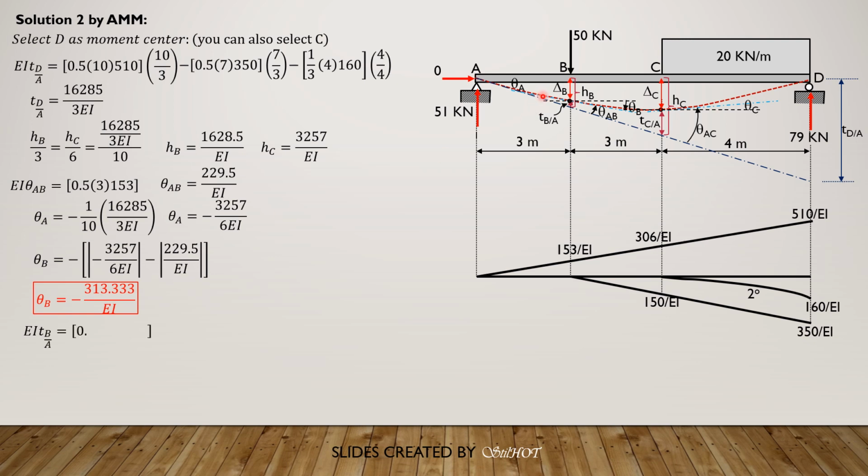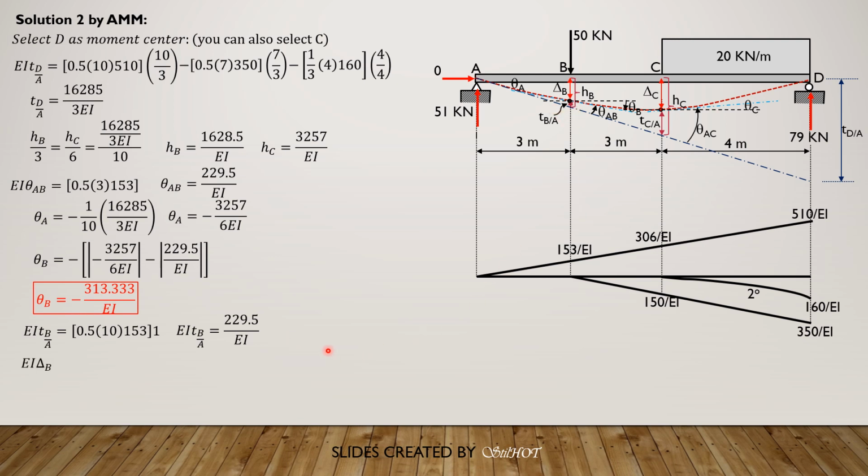Then EI delta B, the deviation of B relative to A, is the moment of this area, 0.5 of 3 times 153 over EI times 2/3 of 3, which is, 1/3 of 3 is 1. We sum up moments about B. So the deviation of B relative to A is expected positive, because point B on the elastic curve is above the reference tangent.